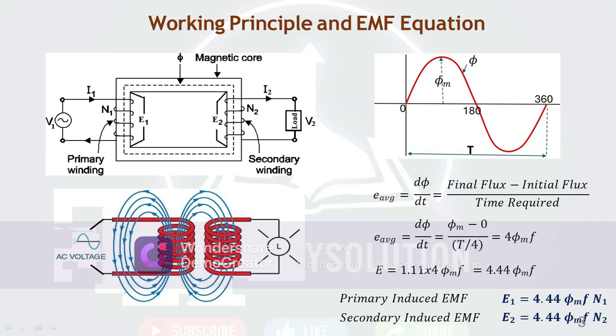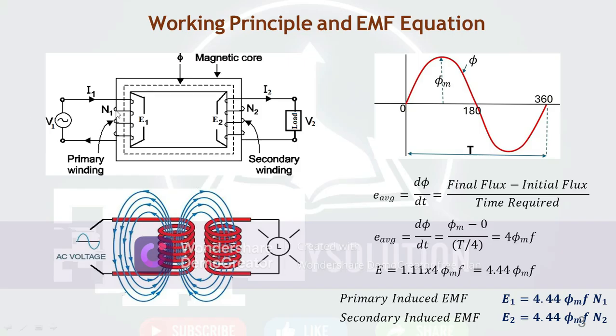This is one winding, which is excited by AC voltage. The flux surrounds it and links with the other secondary coil, so a voltage is induced in the second winding. We get the lamp enabled by this voltage.